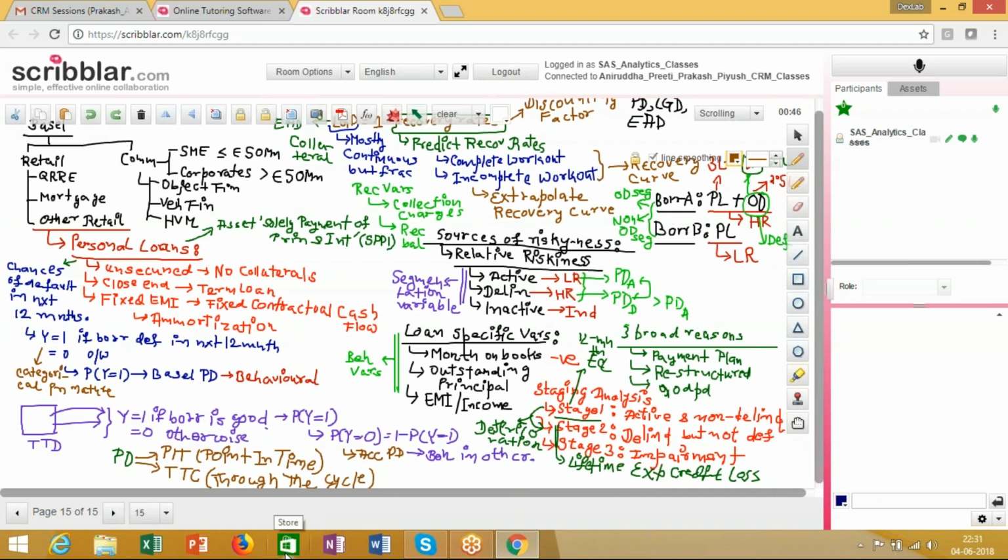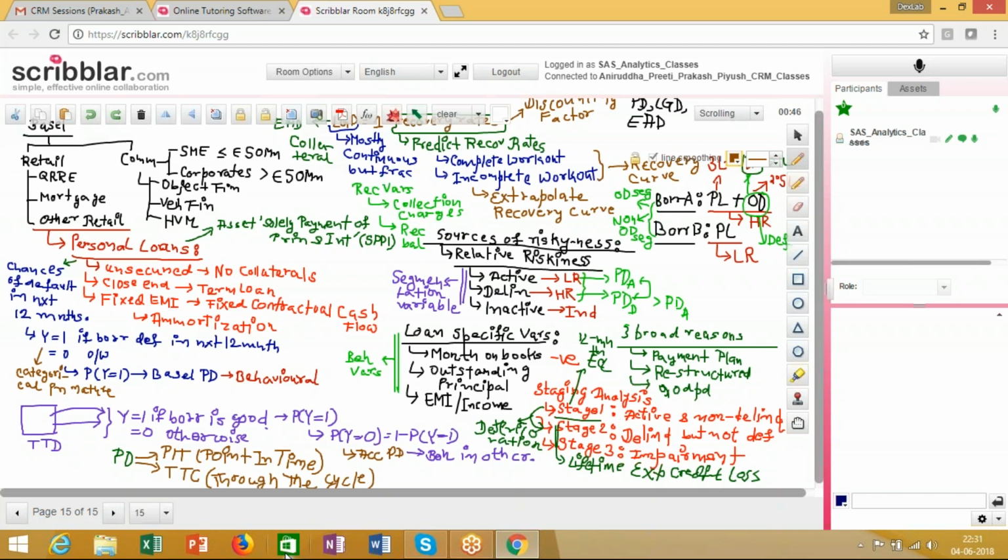So this is what the slide addresses. What we need to address next is what this PIT PD is and what the through the cycle PD is.